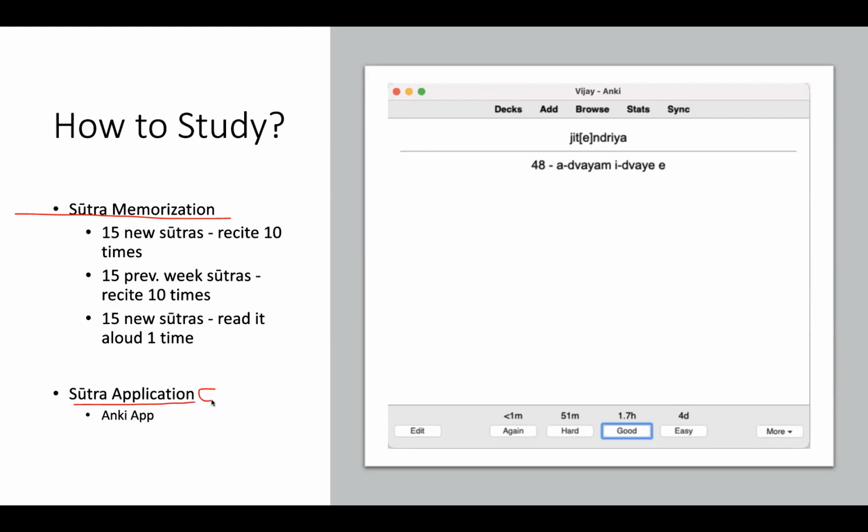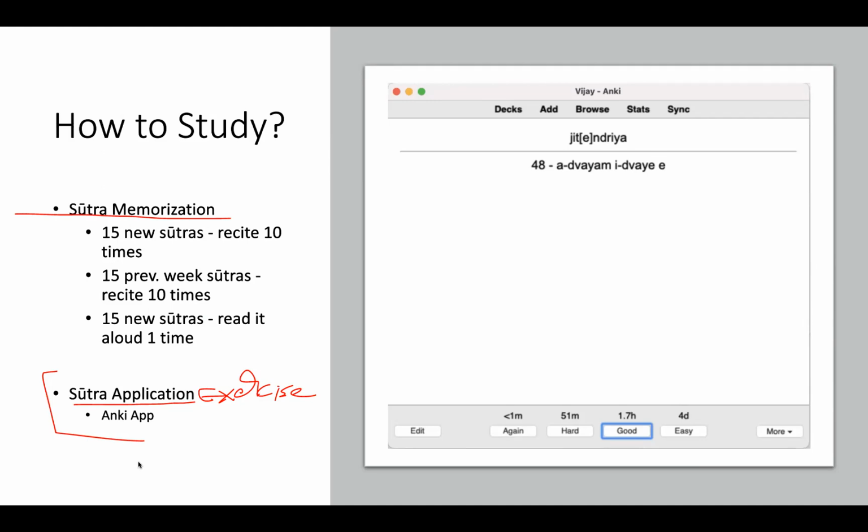This is the exercise. You have to do the exercise. And this is the memorization. Now, this part, my plan is that we will do it in the class itself, because this is an important part of studying Vyakarana, and many students just don't do it, and they don't find the time to do it.